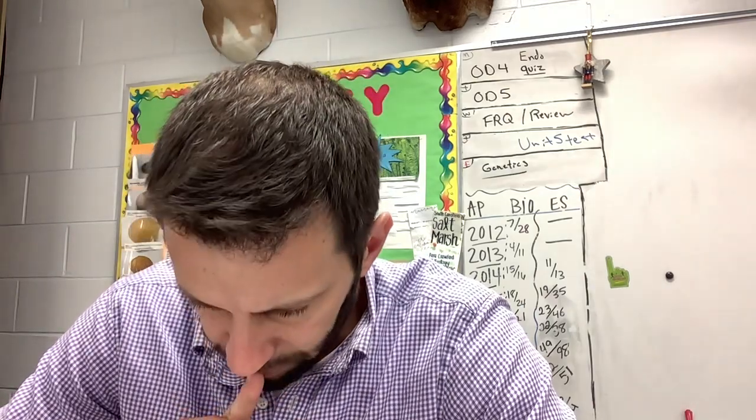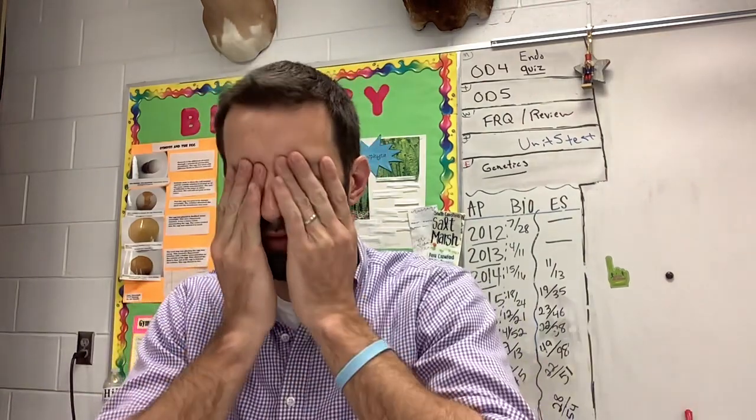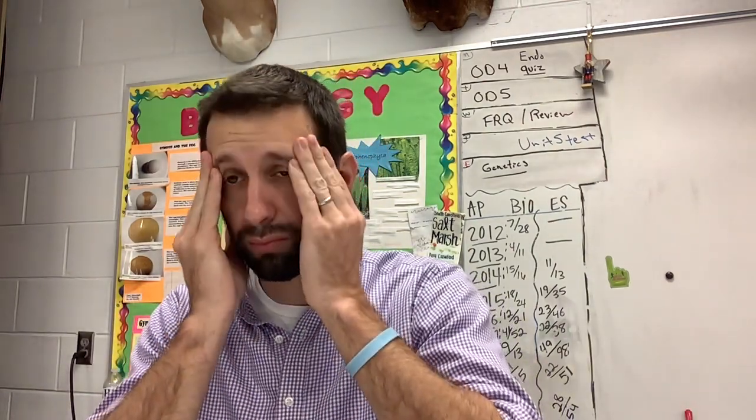Now, you'll notice, how many amino acids did we say were in there? 20. How many different codes do we have? Mariah, you know this. 64. Why do we have 64 different codes for 20 different amino acids?